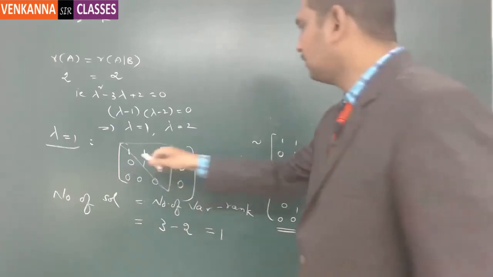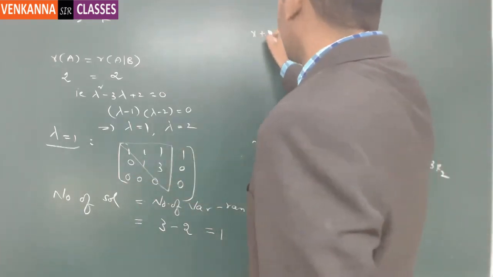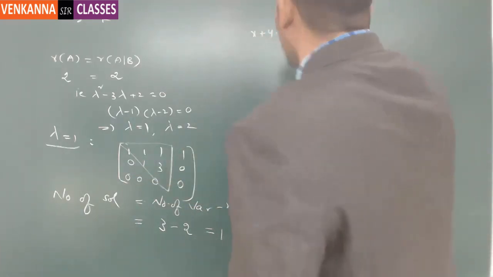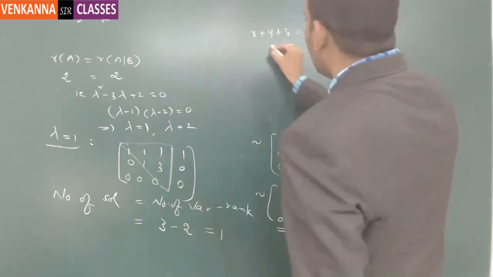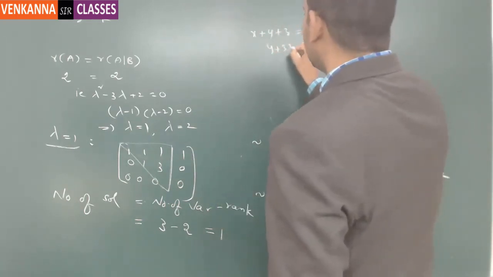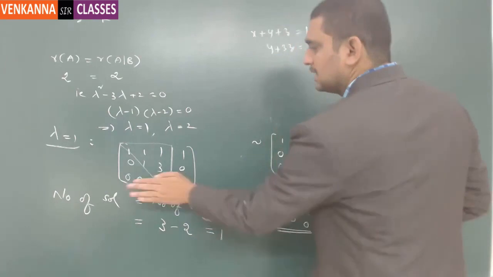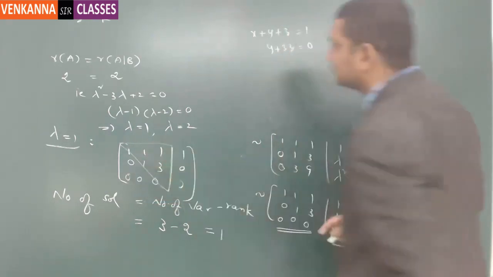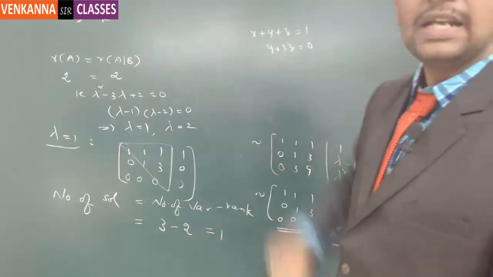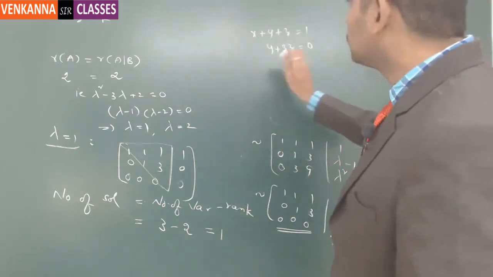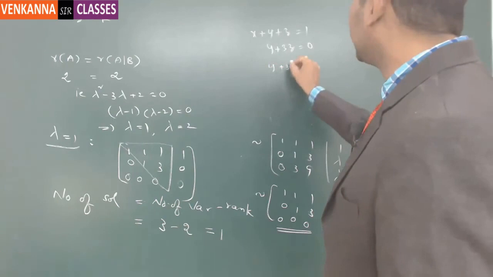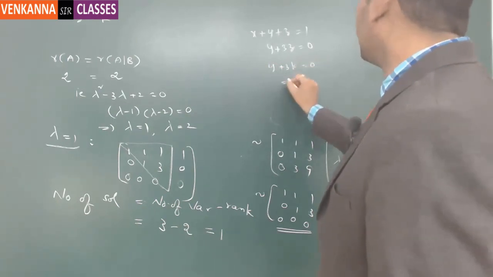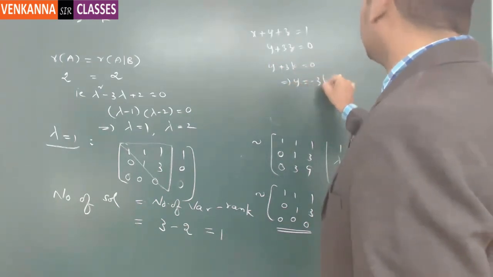From this system, you have the equations x plus y plus z is equal to 1, and y plus 3z is equal to 0. Since the last row is completely 0, there is no need to write any equation from it. You have taken z is equal to k, a constant. So y plus 3k is equal to 0 implies y is equal to minus 3k.